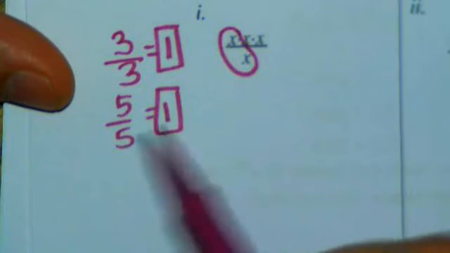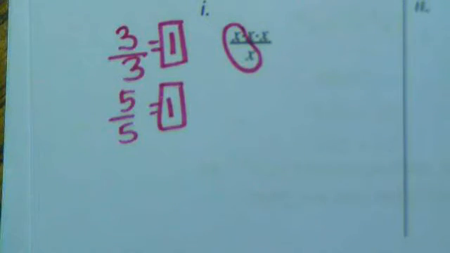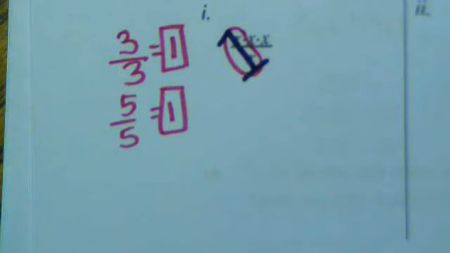So right here I have x over x. If 3 over 3 is 1 and 5 over 5 is 1, what does x over x have to be? X over x has to be 1 as well. So right there, I just have a magic 1.